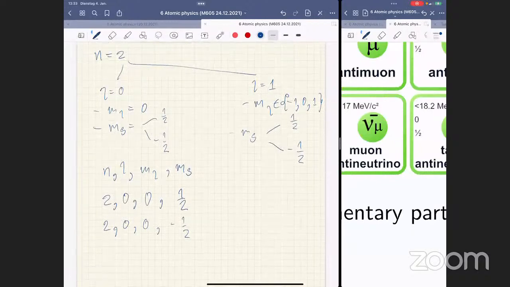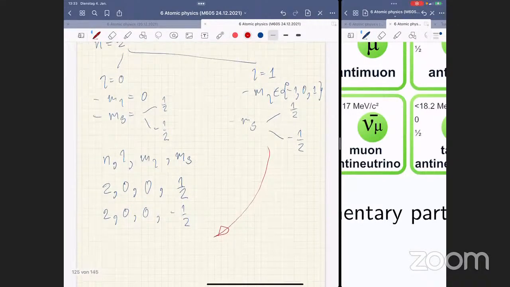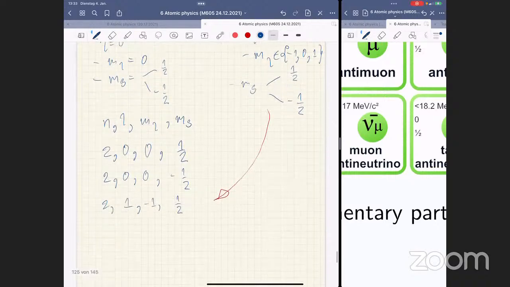But for the right hand side, we could have n equal to 2, and L is number 1, ML is -1, and you would have 1/2 for the first case. You have 2 for n, you have 1 for L, and ML, oh, sorry, ML is -1, and here the spin number is -1/2.